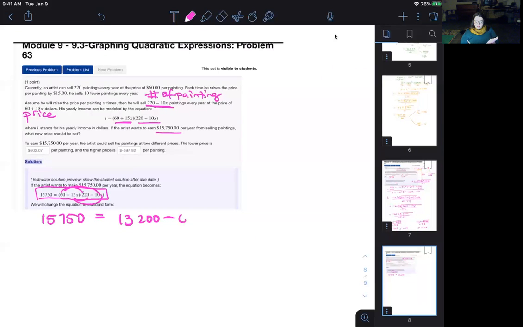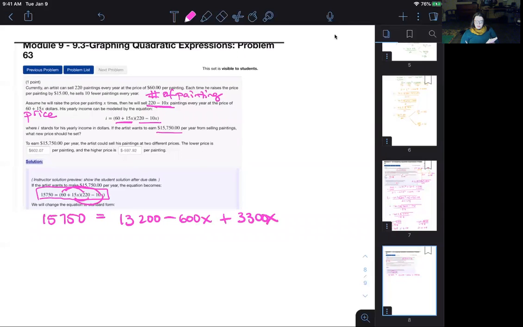And then minus 600x. 15 times 220 equals positive 3,300x, so that's the 15x times the 220. And then we have 15x times negative 10x. So that's going to be minus 150x squared.